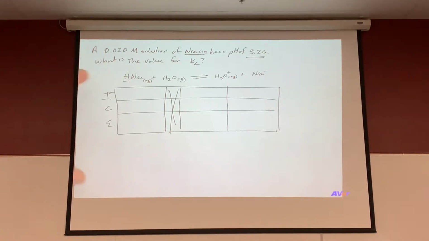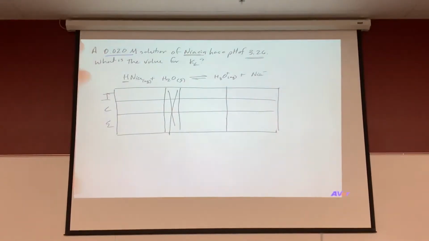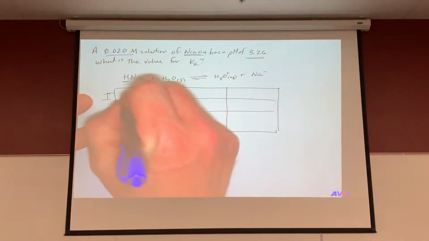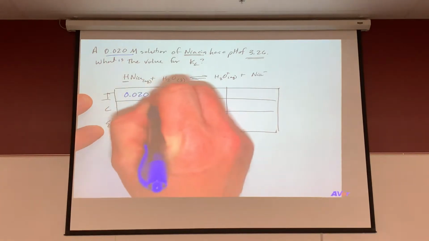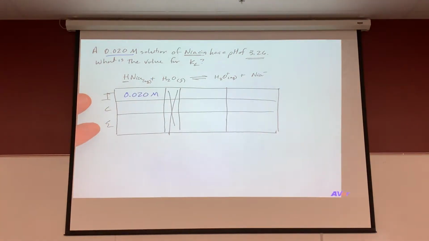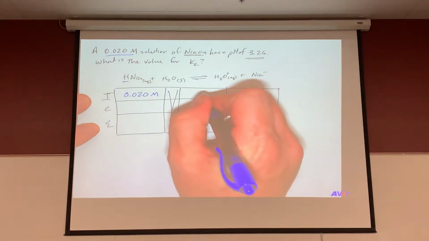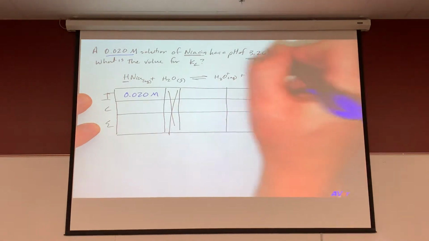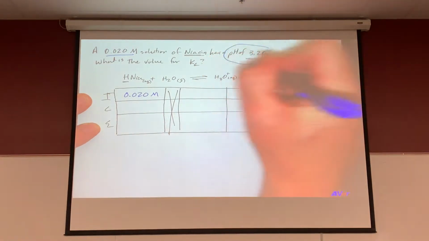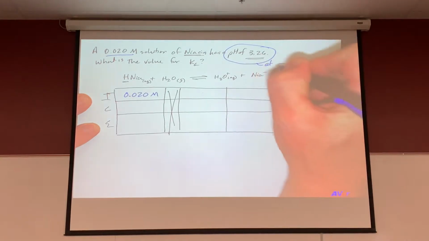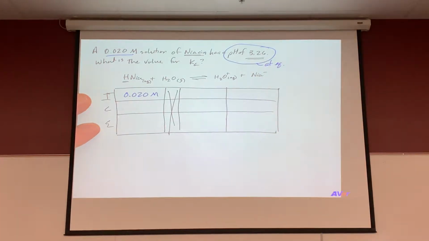So let's do this. You've got to figure out on the icebox where to put all this stuff. So where does 0.02 go? Under HN, yeah, so this goes 0.020. When you read this part of it right here, that's at equilibrium.